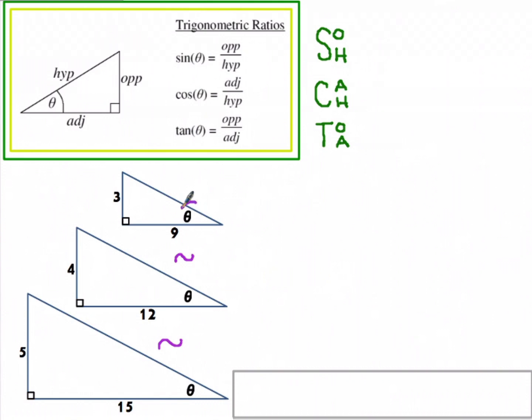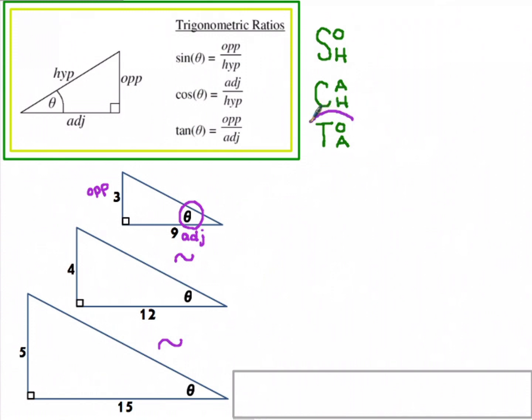So I can see that they're indicating that this is the important acute angle. They have the Greek letter theta, which is often used as an angle variable. And I can see that the hypotenuse isn't even labeled, but I have numbers on this opposite side and on this adjacent side. So I want to figure out which of these three involves an opposite and an adjacent.